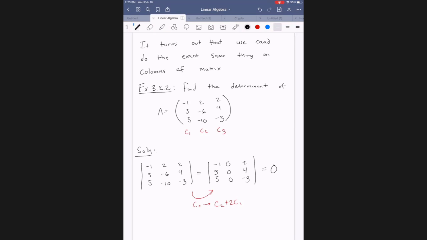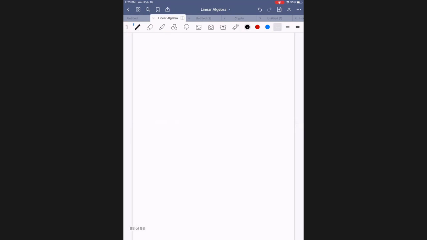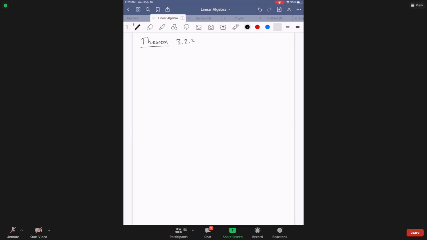Because at that point, the determinant is 0. So let's do this. So theorem 3.2.2. Yeah, it's 0 in this case.